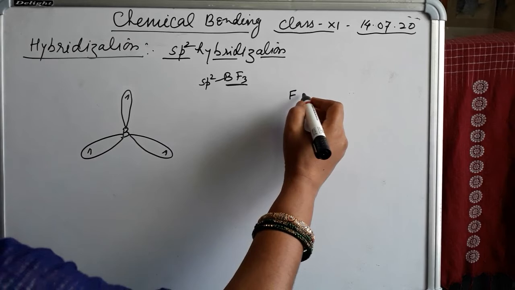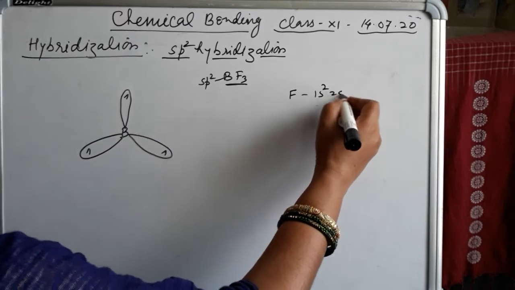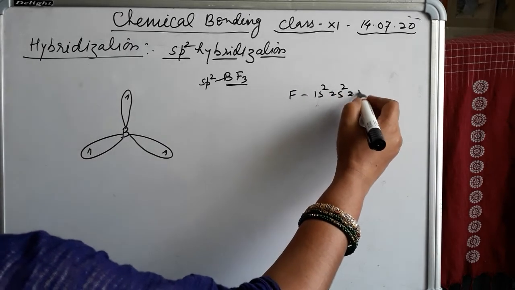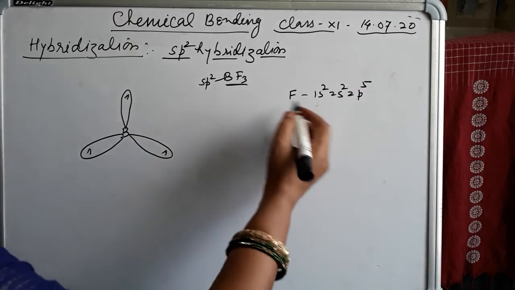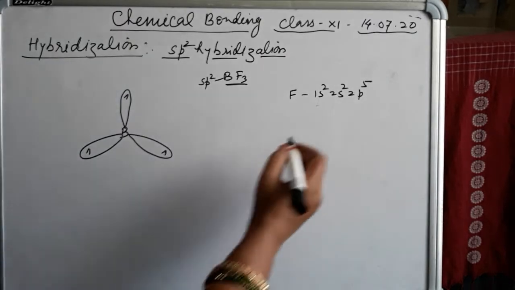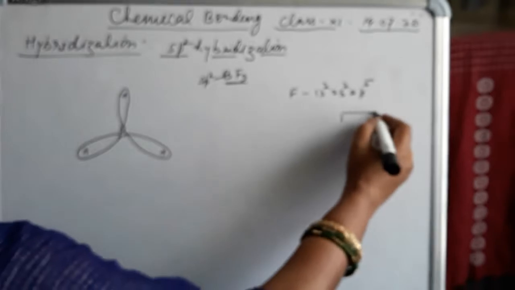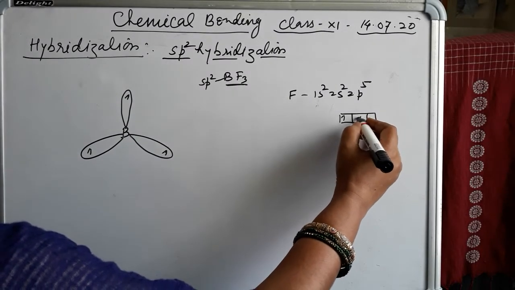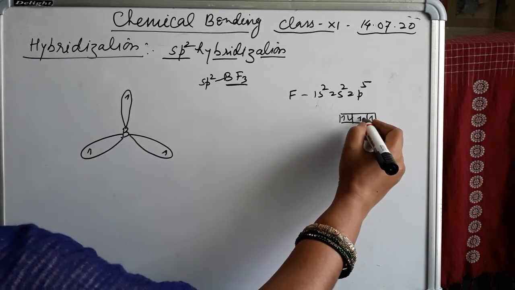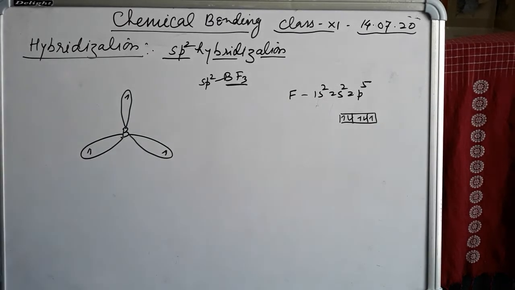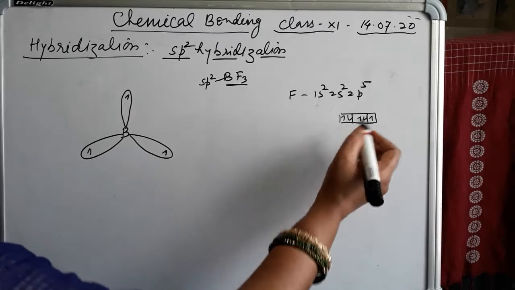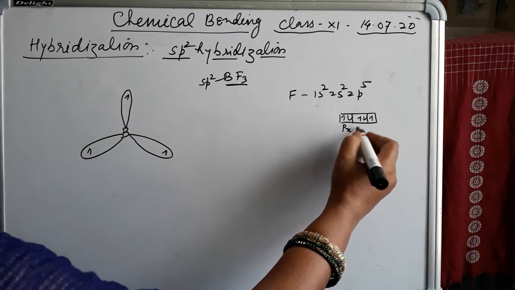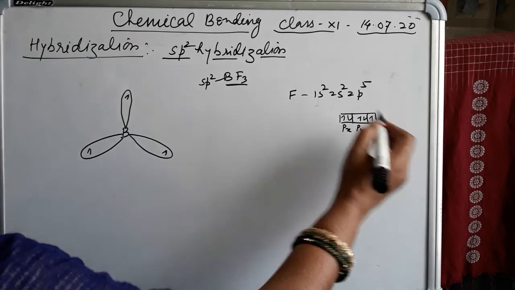Fluorine: write the configuration 1s2, 2s2 and 2p5. So the total number of electrons is 9. In the p orbital, the total number of electrons is 5. This one has an unpaired electron, suppose this is px, this is py and this is pz.